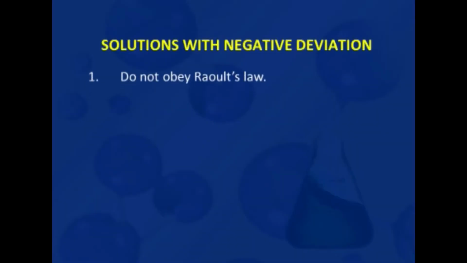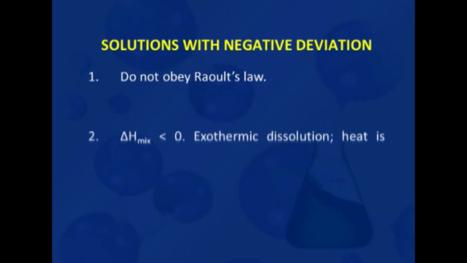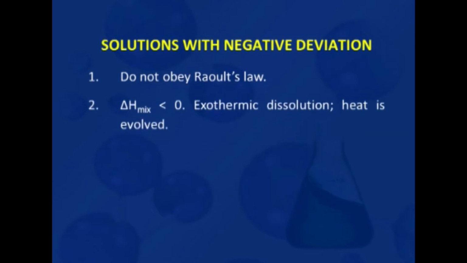Next, we are going to discuss the solutions which show negative deviations. These solutions also possess some characteristic properties. They do not obey Raoult's law, delta H mixing is always less than 0. It means exothermic dissolution takes place and heat is evolved during the solution making.